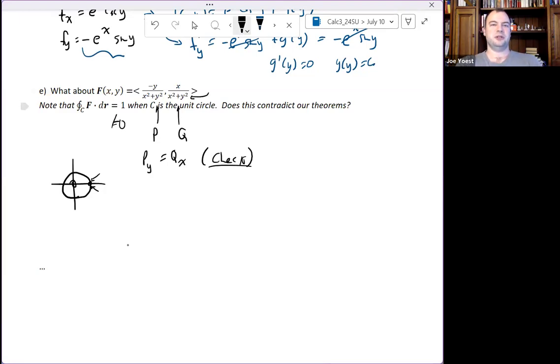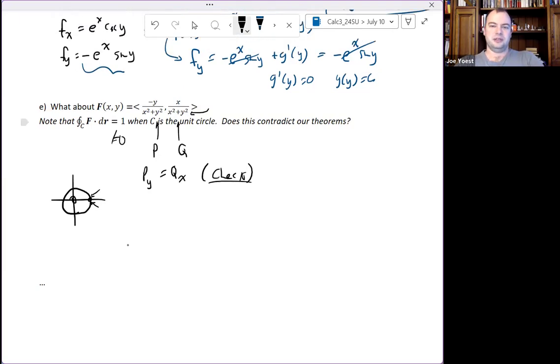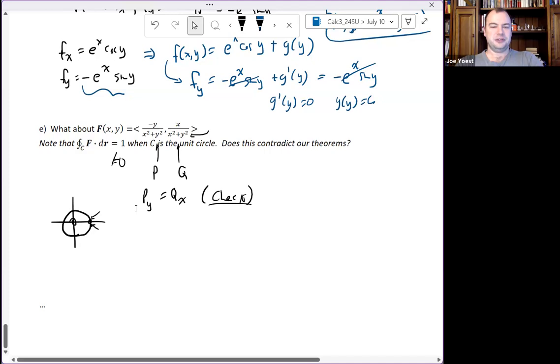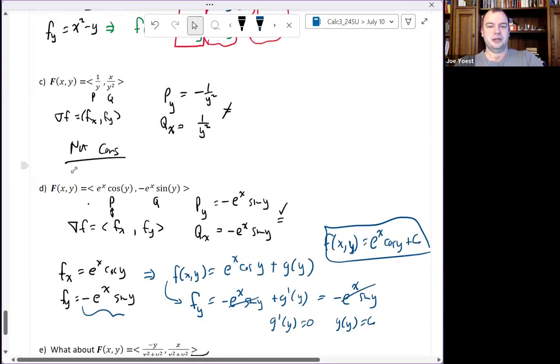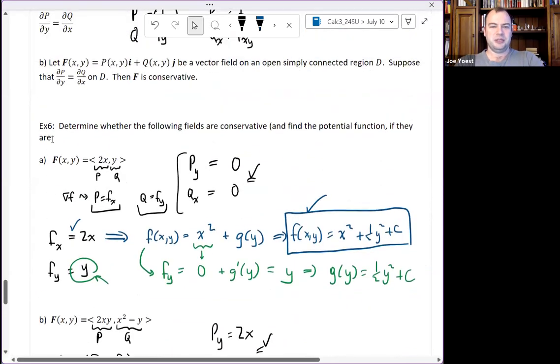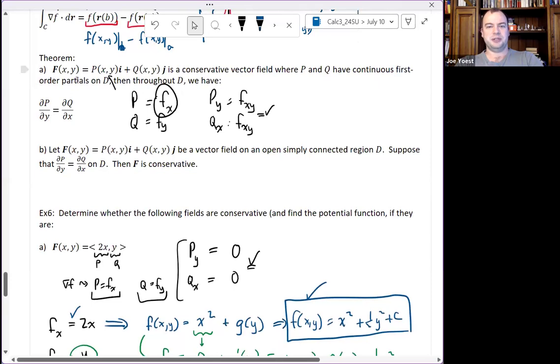This over x squared plus y squared, well, things blow up, right? This criterion does not hold at 0, 0. So it actually is important that we're checking the equality of these partials, and keeping in the back of our minds that there are some extra criteria that we have to meet here.